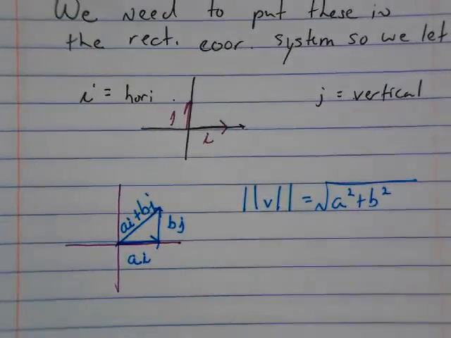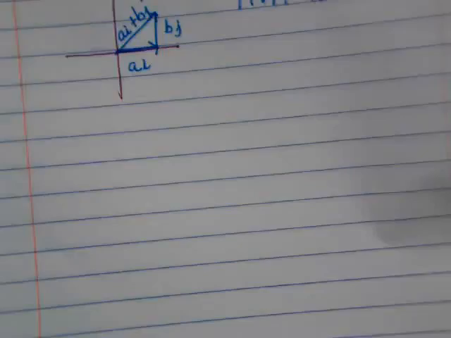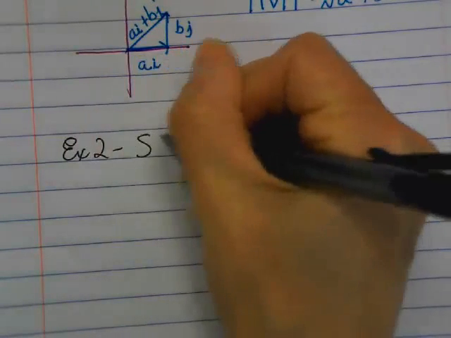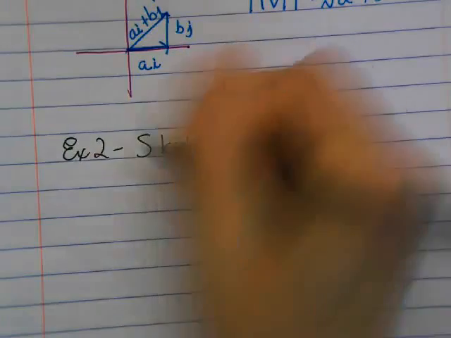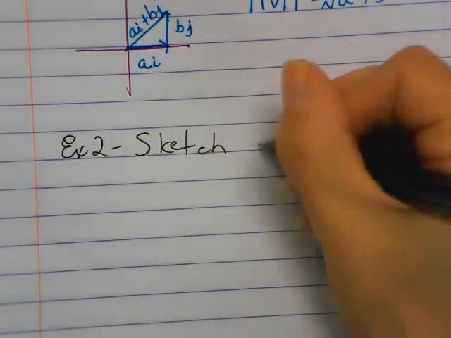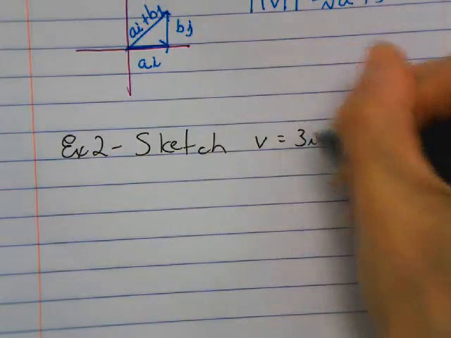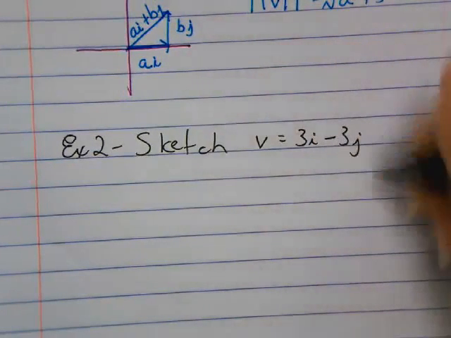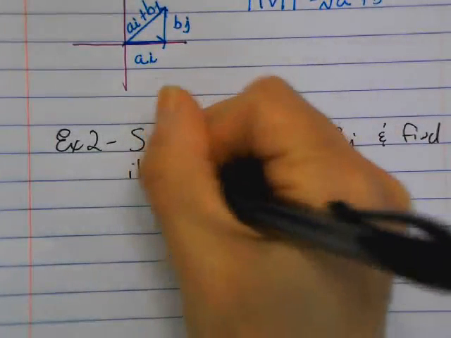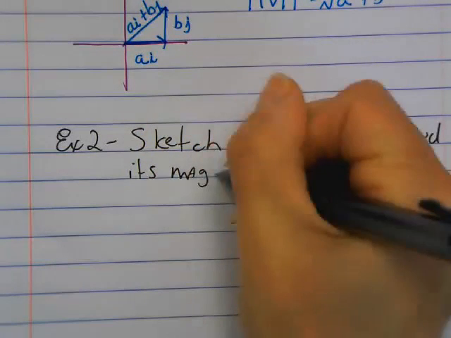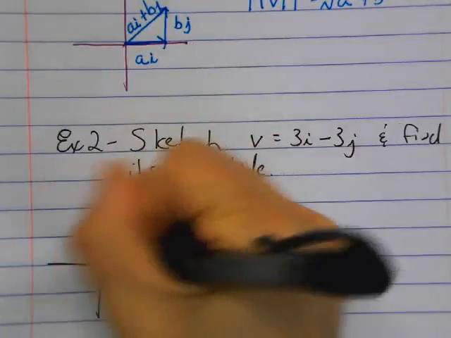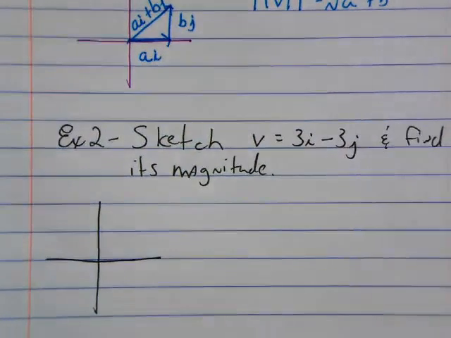Alright, so let's practice a couple of that skill. Example 2. Sketch v equal to 3i minus 3j and find its magnitude. Okay, so 3i minus 3j.